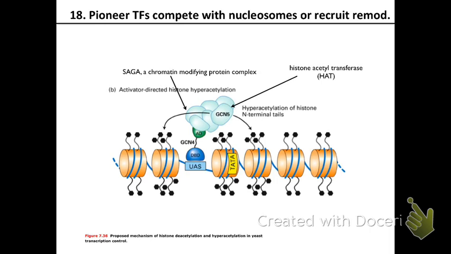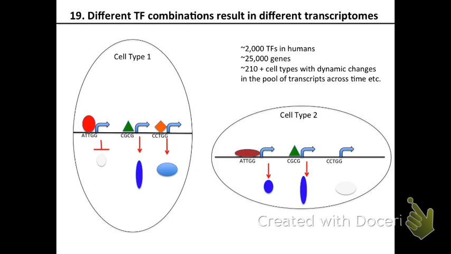So these are ATP-dependent remodelers that were capable of removing nucleosomes. So these pioneer factors might indirectly or directly recruit these complexes to remove the nucleosomes. All right. And the evidence suggests that that actually indeed is the case for a lot of transcription factors.